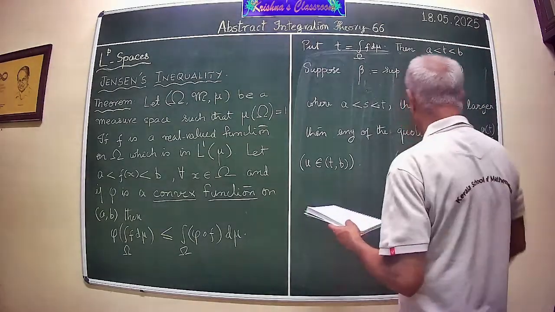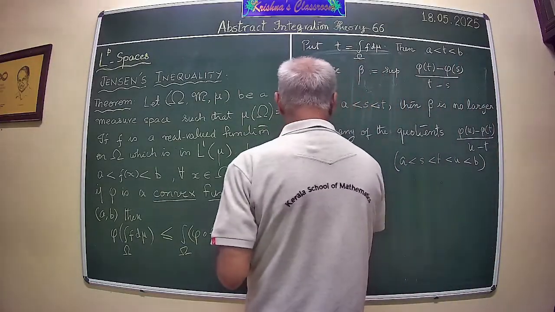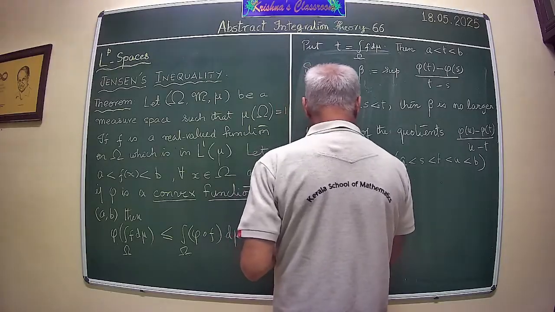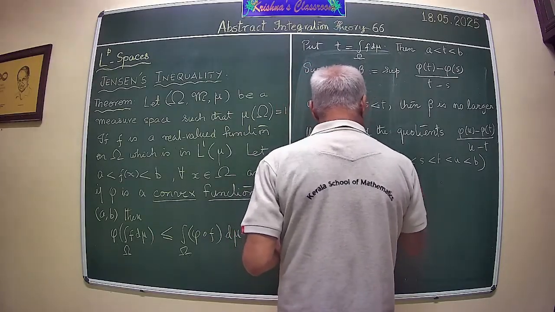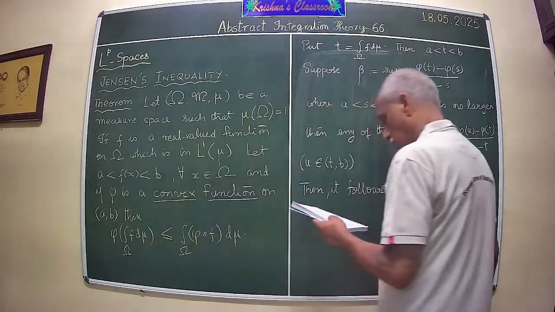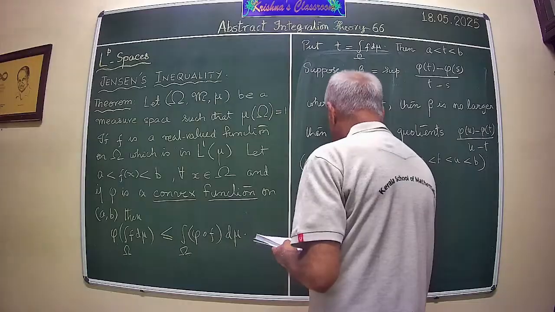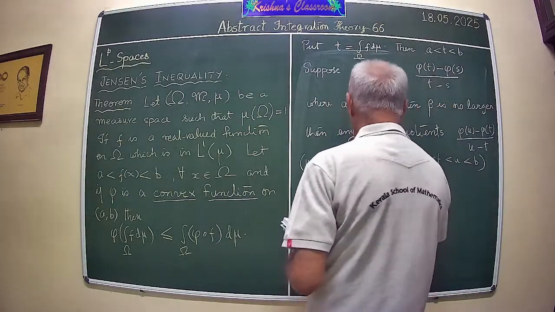Now it follows that phi s is greater than or equal to phi t plus beta times s minus t.